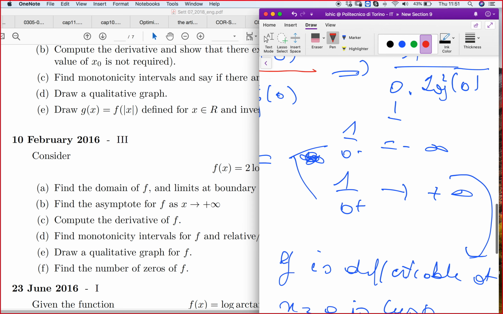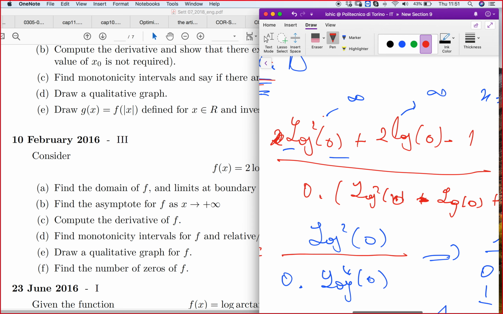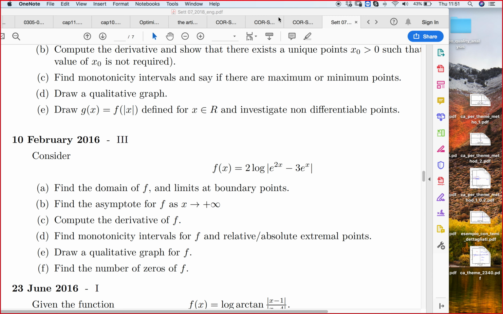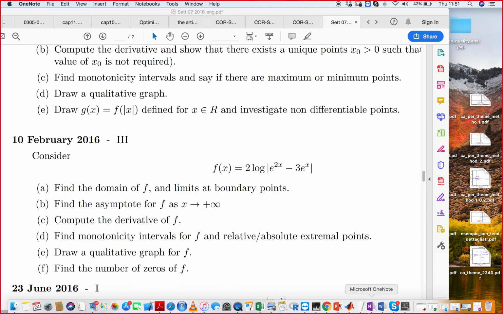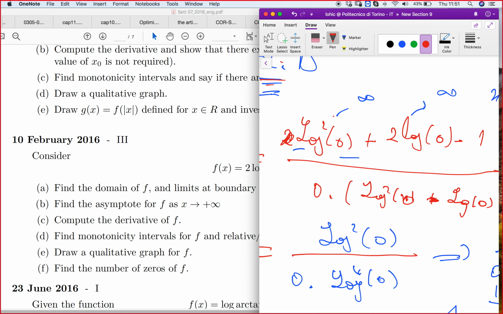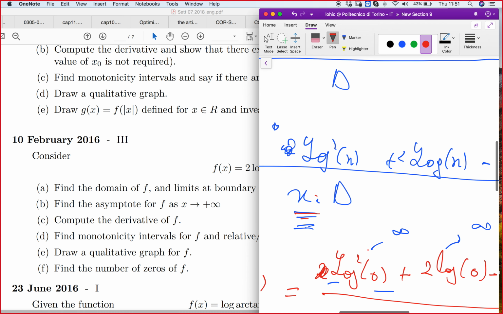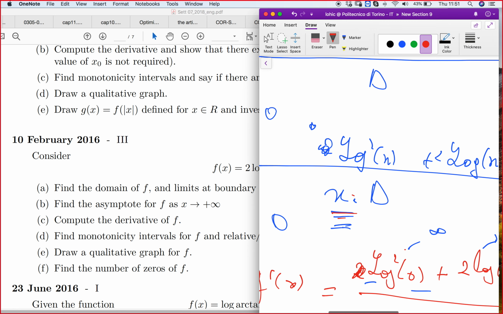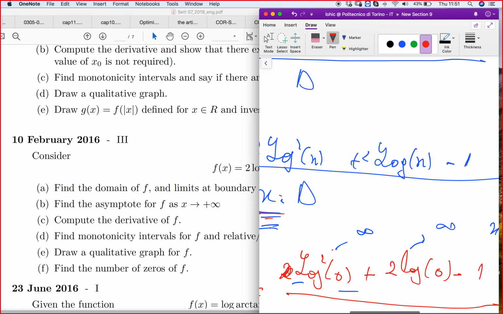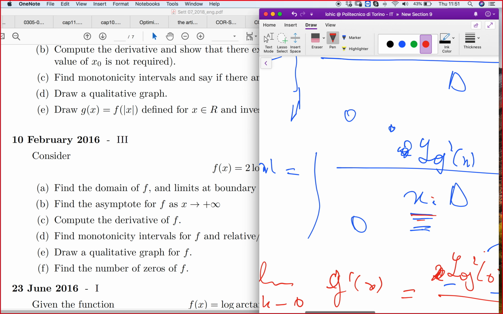Maybe it's better to copy the derivative and take a new page. Here is the derivative: log square of x plus 2 log of x minus 1 over x times the denominator.